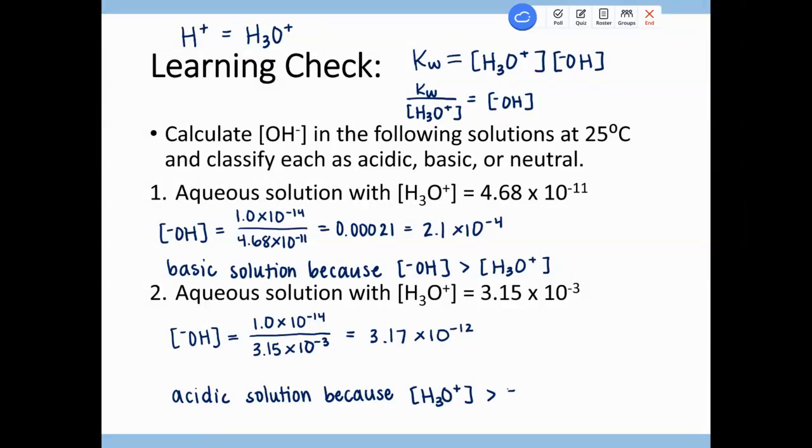So solution 2 is acidic because the concentration of H3O plus is greater than OH minus.